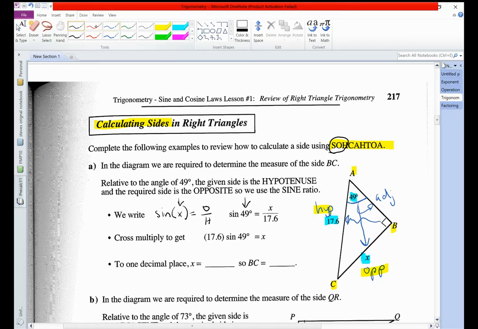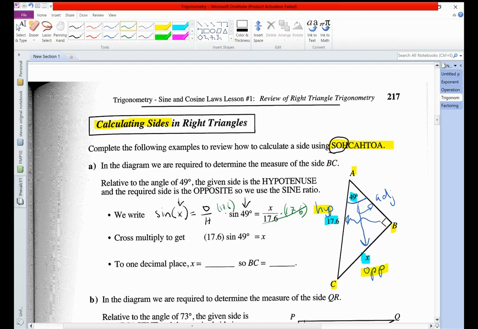So we can do a little bit of algebra. To get X by itself, we're going to multiply both sides by 17.6. And then that cancels out on that side, and we're left with 17.6 multiplied by sine 49 is equal to X. So in this case, we're not using the inverse function.